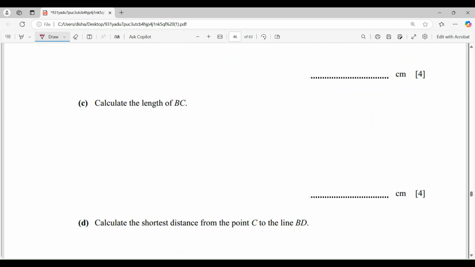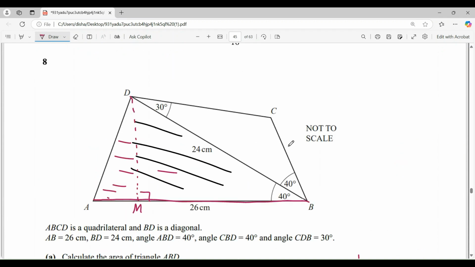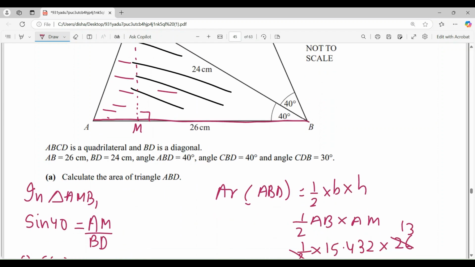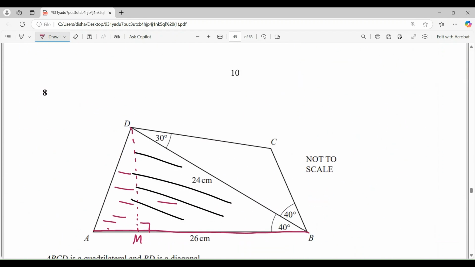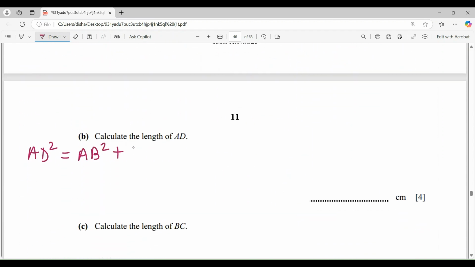Next question that we have is calculate the length AD. So for this, we know the formula. We have the other two sides AB and BD. So we can write it as AD square is equals to AB square plus BD square minus 2AB into BD cos theta.